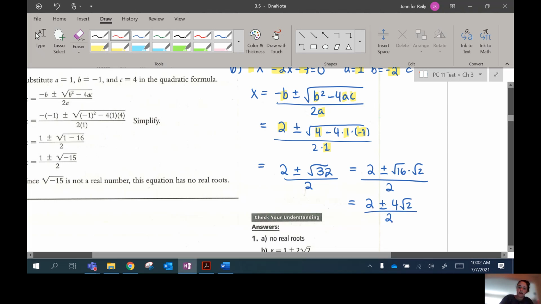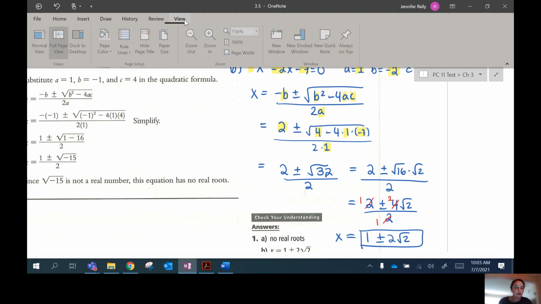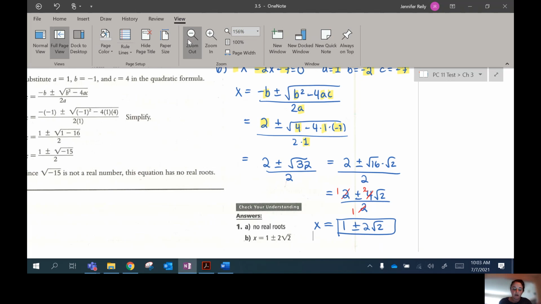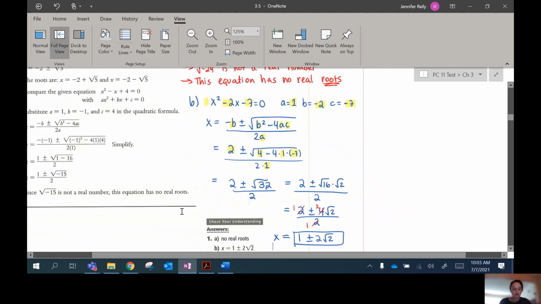And since every term has a 2 here, this is a fraction, so when every term can be divided by something, you can cancel it out. So we can divide every single term by 2 and cancel those all out. So we have 1 plus or minus 2 root 2. Those are my 2 values for x. So x can be 1 plus 2 root 2, or it could be 1 minus 2 root 2.